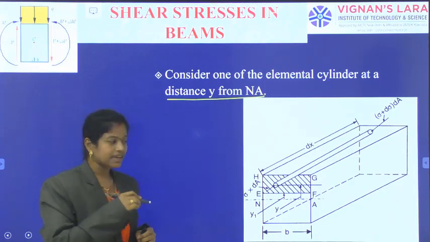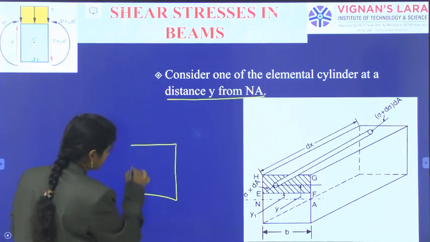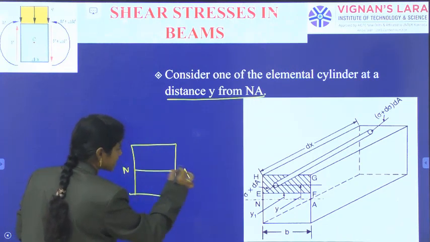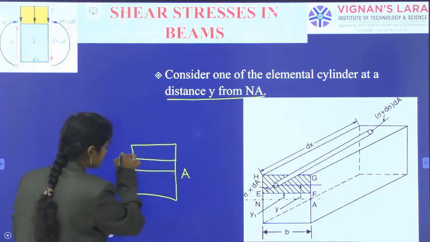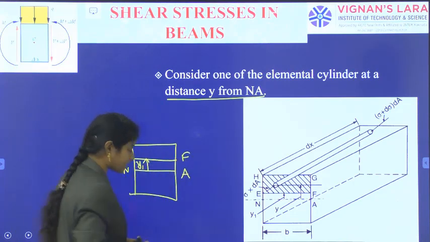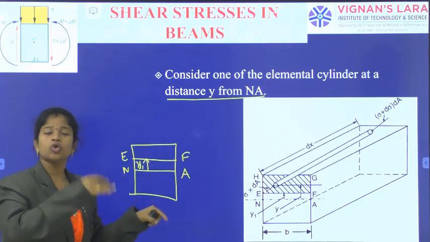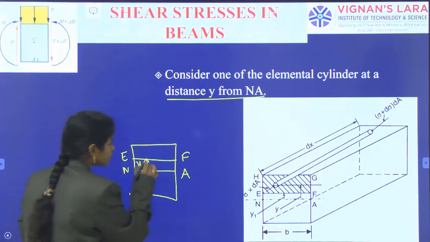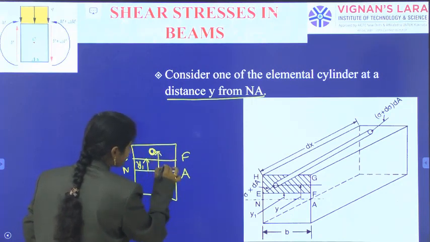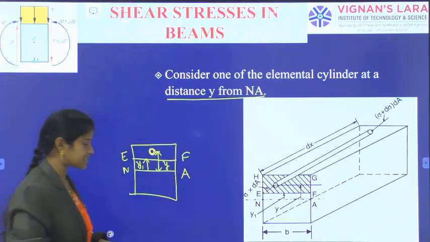Now we have taken the cross section AB and there we have indicated the neutral axis and the level EF, and the level EF is at a distance y1. It has many cylindrical elements. In those I am considering one cylindrical element which is at a distance y from the neutral axis.